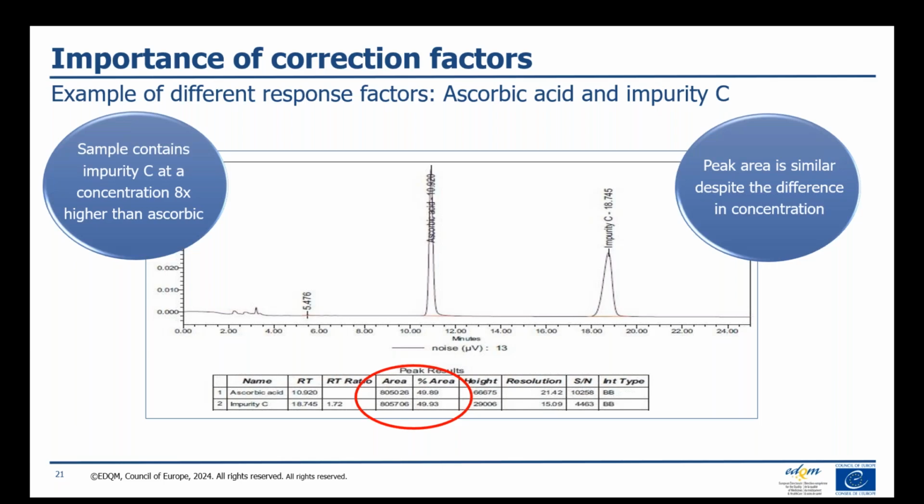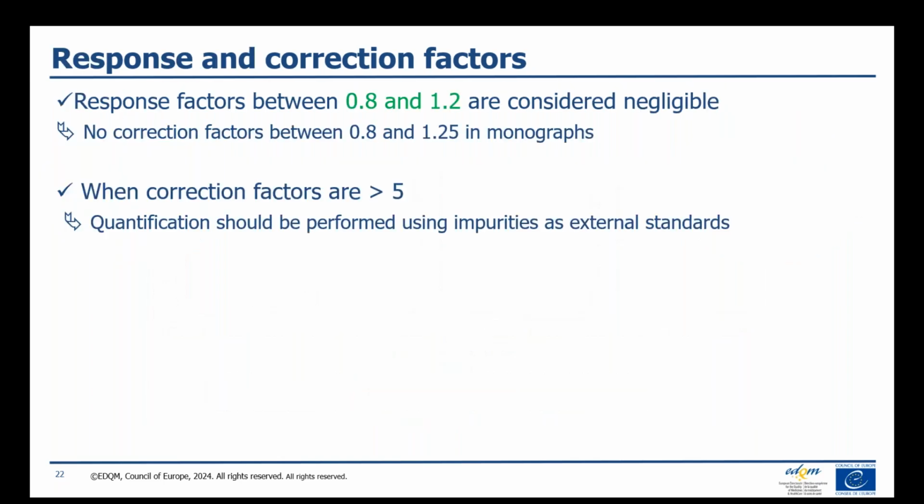So to set the response and the correction factors in the monograph, we consider that response factors which are found between 0.8 and 1.2 are negligible, so we will not indicate them in the monograph.